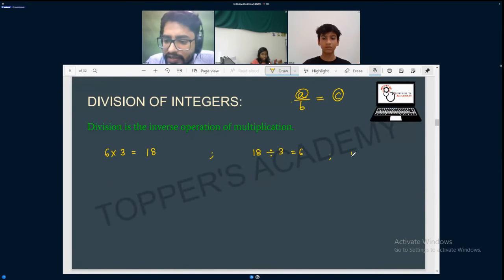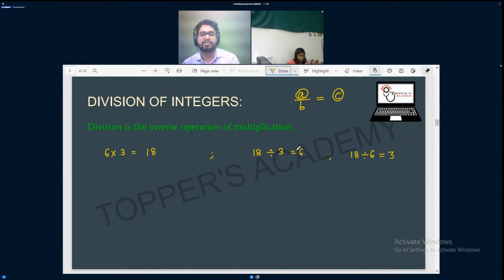Similarly, tell me what is 18 divided by 6? 3. So 6 multiplied by 3 is equal to 18. We have to find some number such that if we multiply it with 6, we'll get 18. That number is 3. This number is known as the quotient.